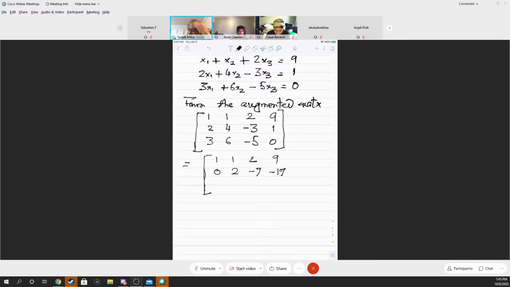Multiply the first row by minus 3, add to the third row: 0, minus 3, 6 minus 3, 3, minus 3, minus 6, minus 5, minus 11, minus 3, minus 27, okay.